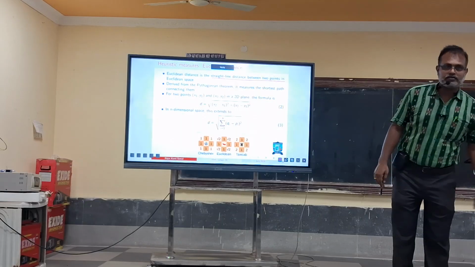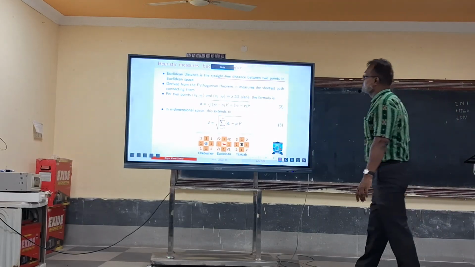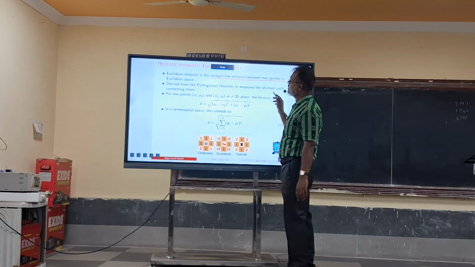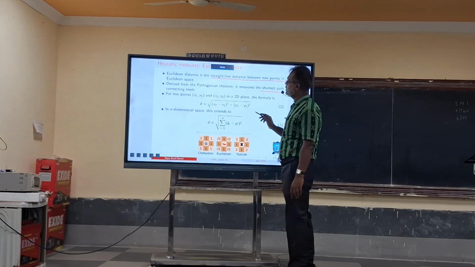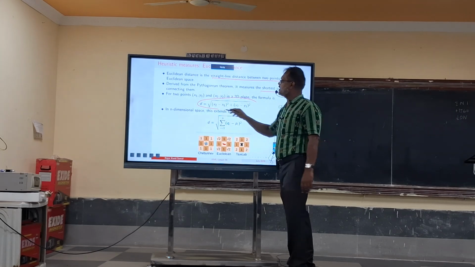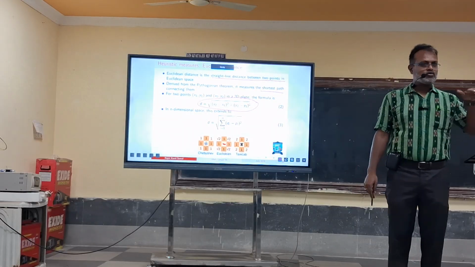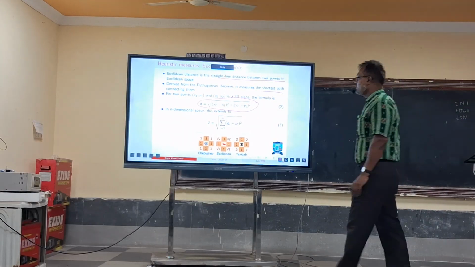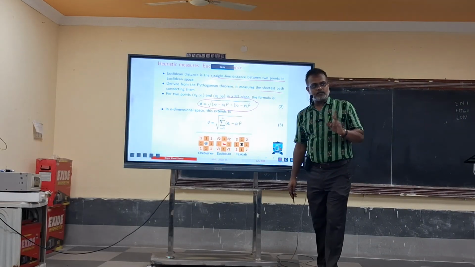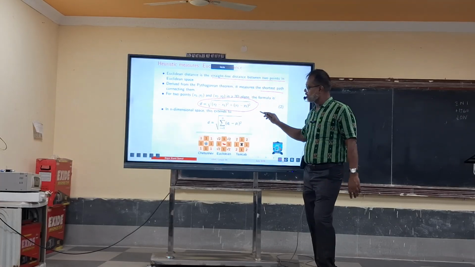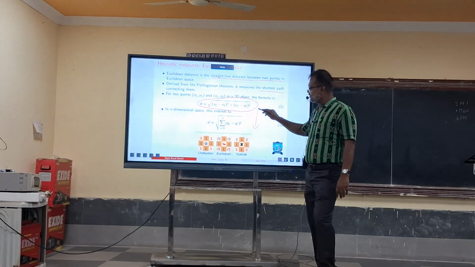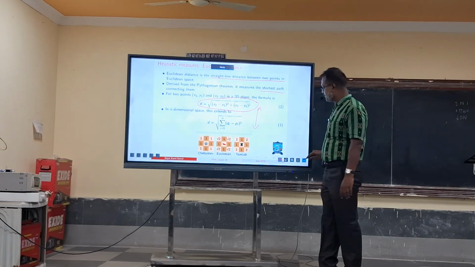Derived from the Pythagorean theorem, it measures the shortest path connecting them, and mathematically it is the square root of the sum of the squares of the differences between them. Related to this, you might get problems in the exam. For the n dimensional case, this is the solution.